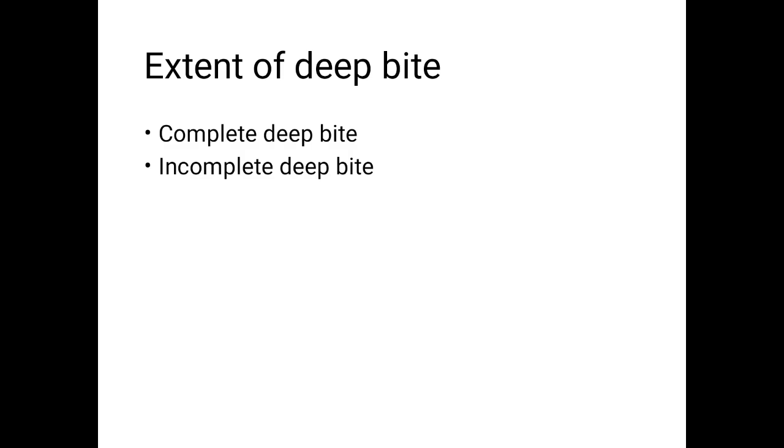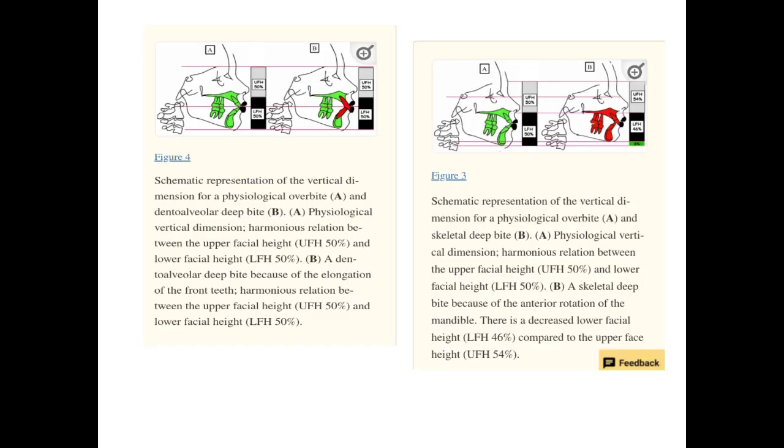When they occlude, the maxillary incisors completely obscure the mandibular incisors. So we call that 100% deep bite. In an incomplete deep bite, you see part of the mandibular incisors.